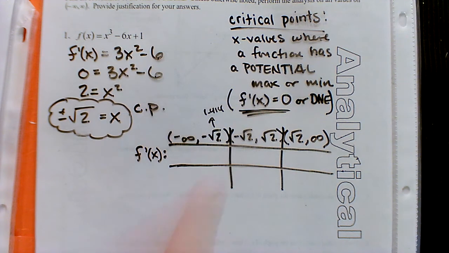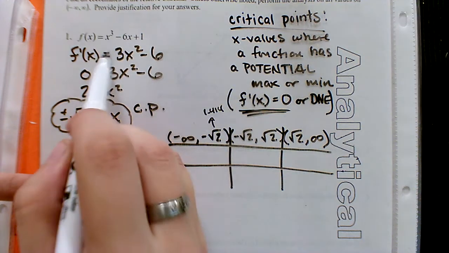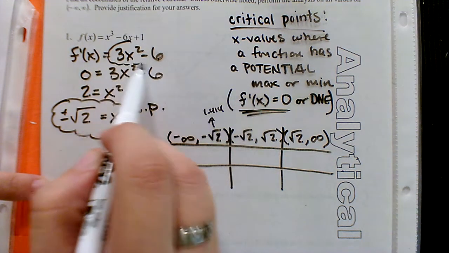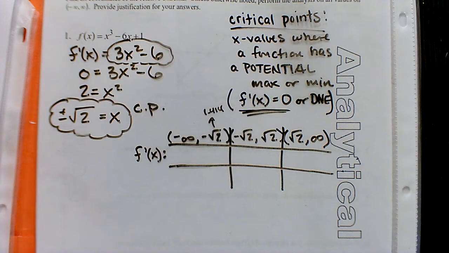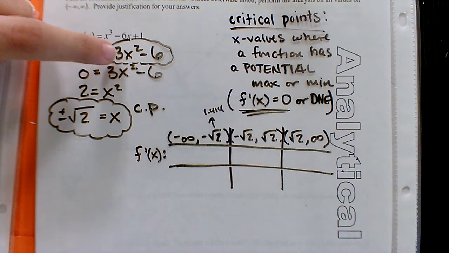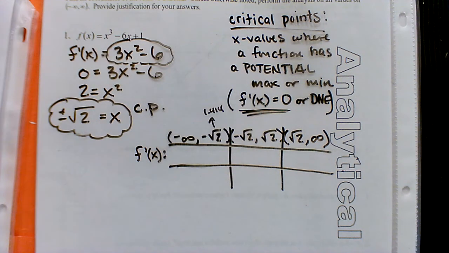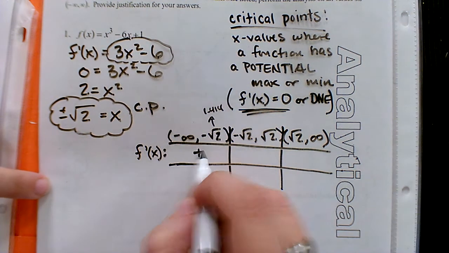Negative 2, okay. So we take that value, negative 2, and plug it into the derivative to figure out, is the derivative positive, is the derivative negative. If you were to plug in negative 2 into the derivative, would you get a positive value or a negative value? I don't care what the number is. It would be positive, right?